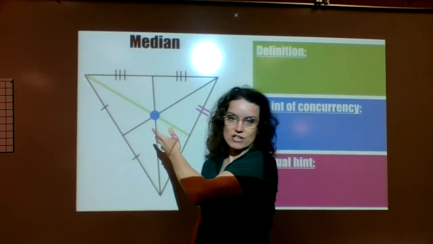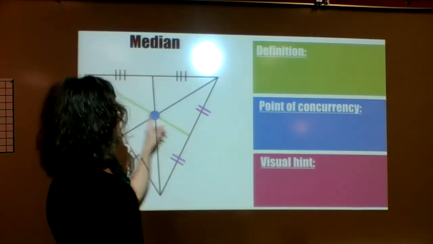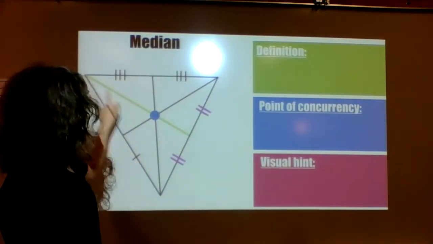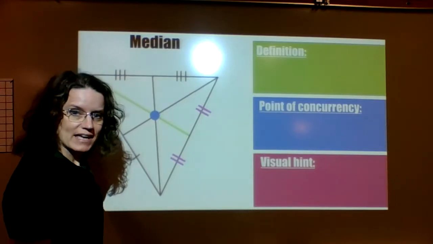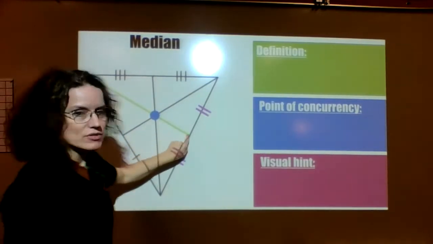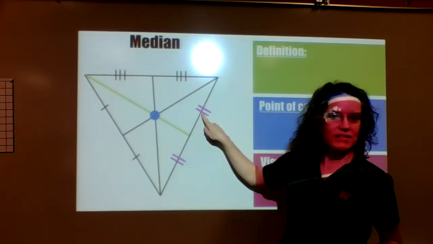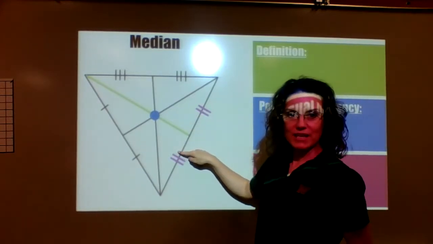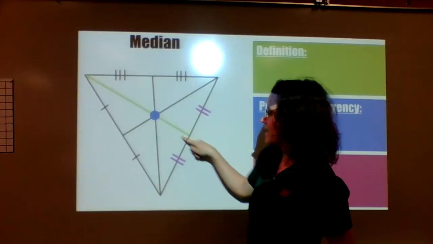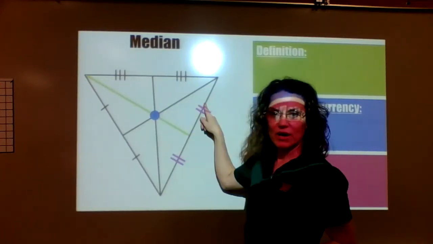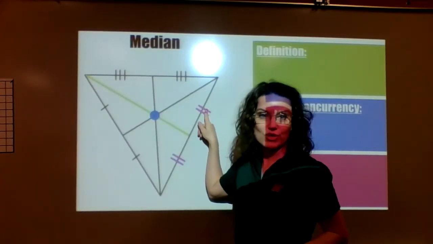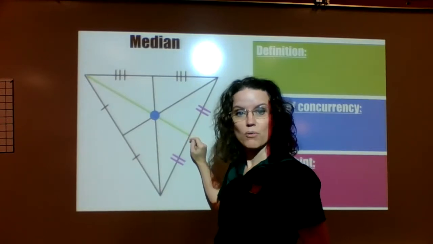We have here a generic triangle, and in it I am focusing on this segment that is running from a vertex and down to this side of the triangle, and you will notice that these two sides of that triangle are the same length. Well, if you have a segment that divides a side into two congruent lengths, it must be going through the midpoint.